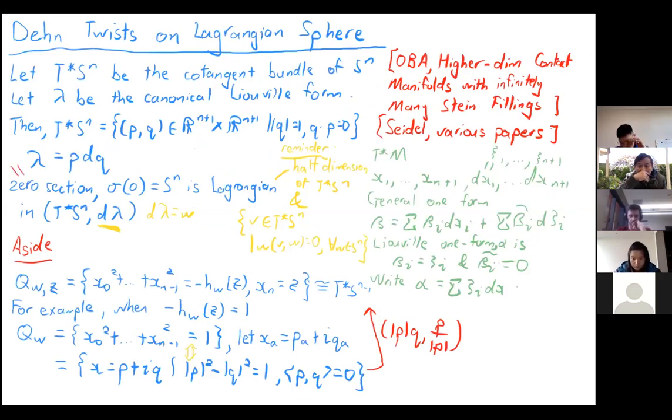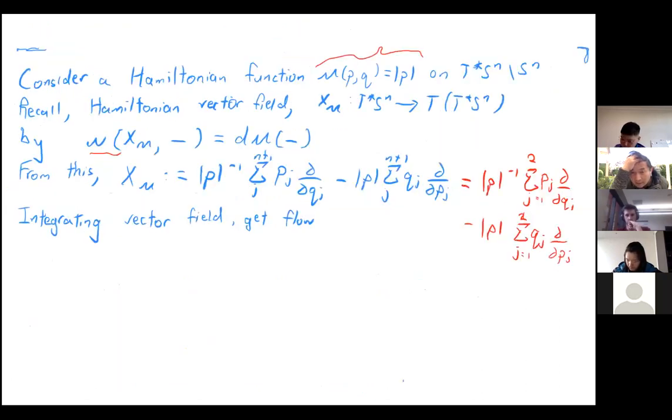The map is x equals p plus iq, and the function is in p and q.